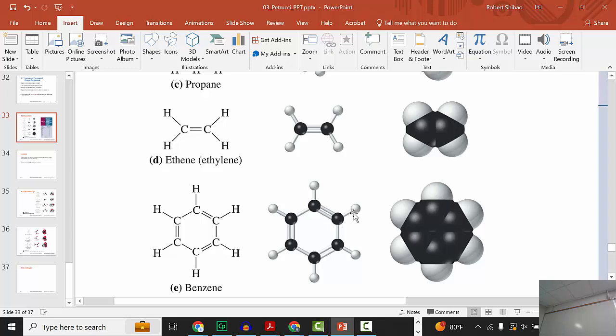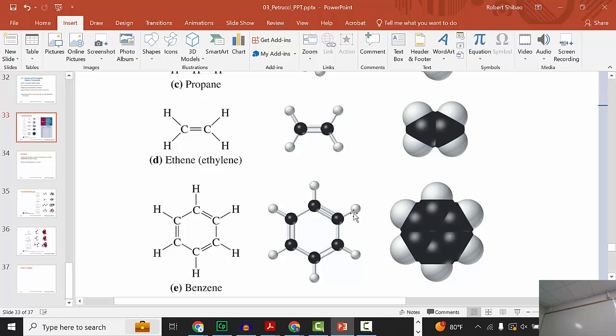So now we change it. Ane means no double bond, no triple bonds. Ene means double bond. There could also be single bonds, whatever. But this would be ethene. Or another name for this is ethylene, which consists of 2 methylene groups. The CH2 is called methylene. The 2 of those, we call ethylene.